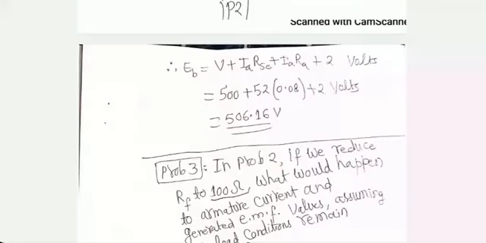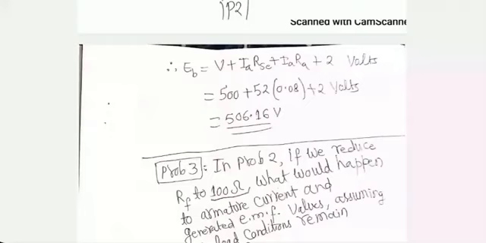That is the back EMF value that we get, 506.16 volts. If brush drop were 0, you would have gotten 504.16 volts.